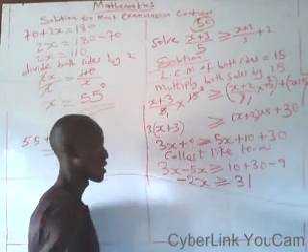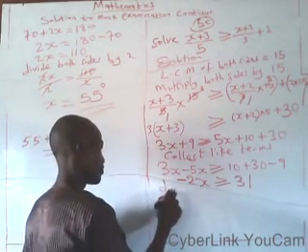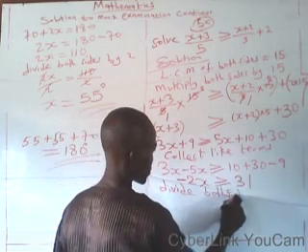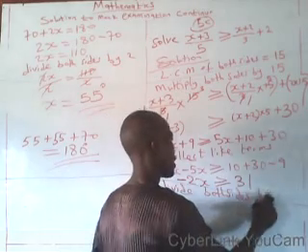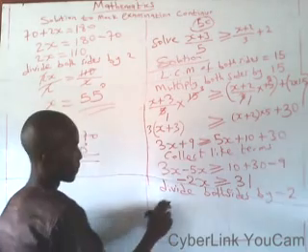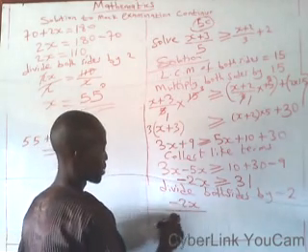Now we are going to divide both sides by minus 2. Minus 2x all over minus 2.